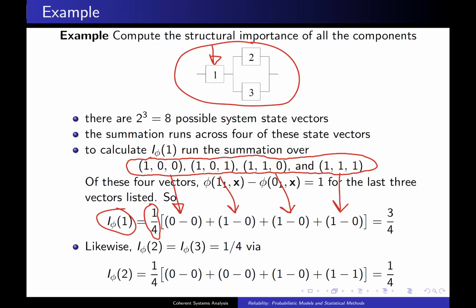Now, if you run through that same scenario, of course, you'll be summing across different vectors and calculate I phi of 2 and I phi of 3. In both cases, you will get 1/4 because in the case of components 2 and 3, only one of the 4 vectors takes you from functioning to failed.